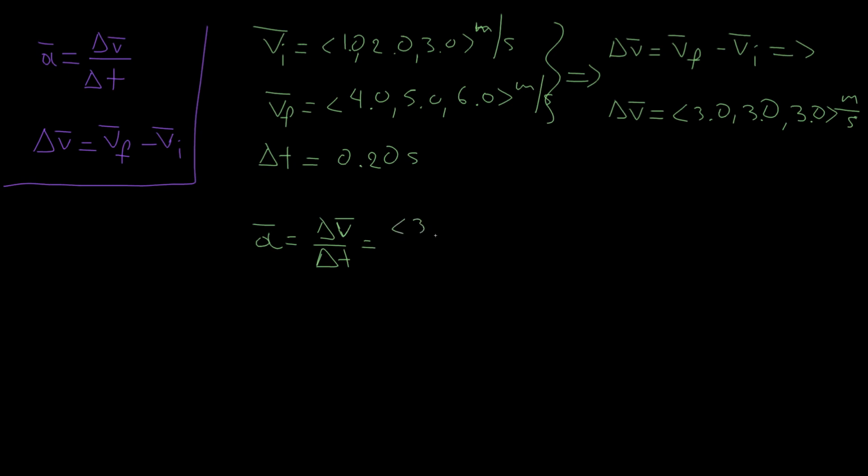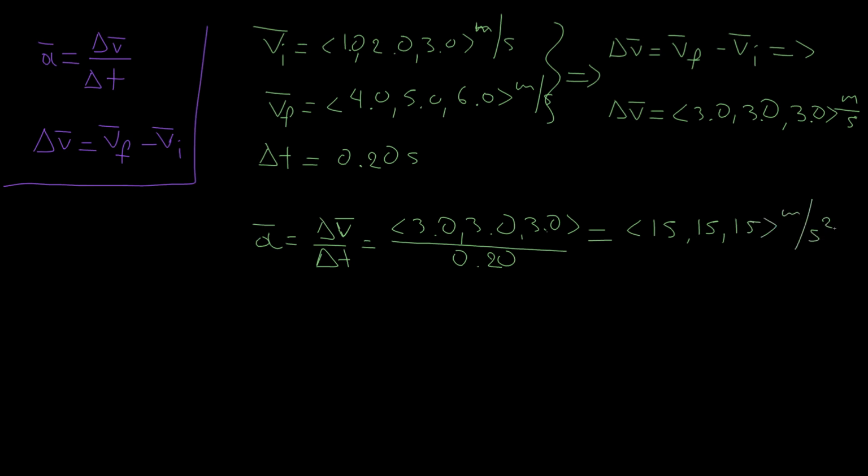We have 3, 3, and 3 for the z component, and we need to divide those by the 0.2, and this will give us as a result 15 and 15 for all x, y, z components, and now the units are meters per second squared.